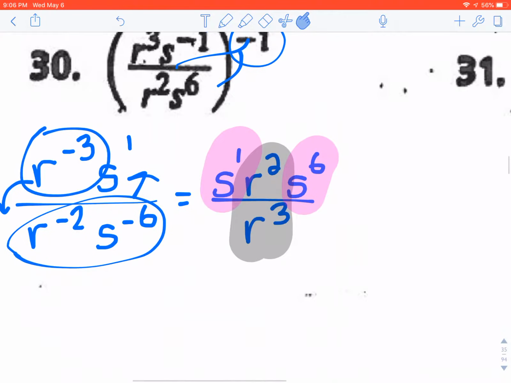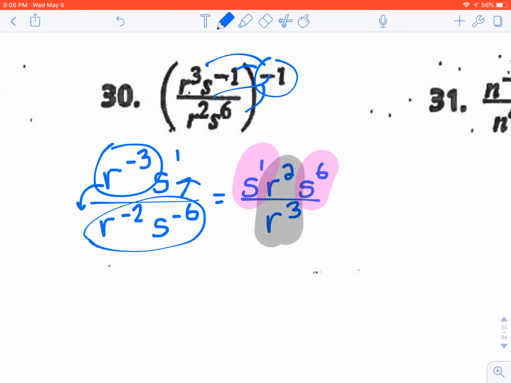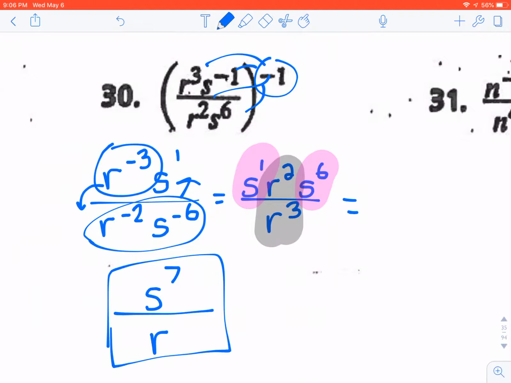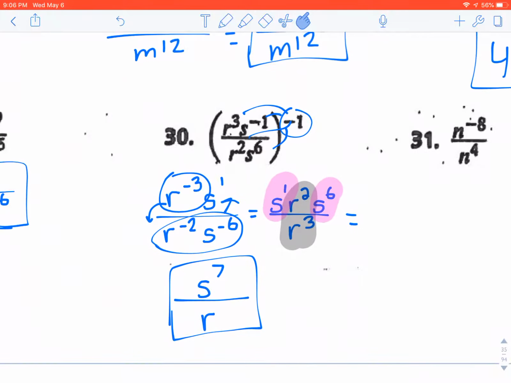So we're going to simplify that. So the r is r to the 1st on the bottom. The s is s to the 7th on top. Be careful with your negatives in this one, especially in that first step when you're multiplying. If you forget one of your signs, it's going to throw off your whole answer. So just be careful there.